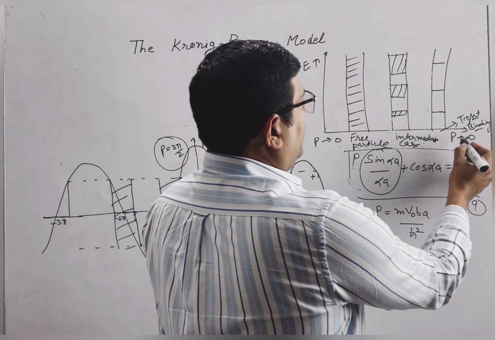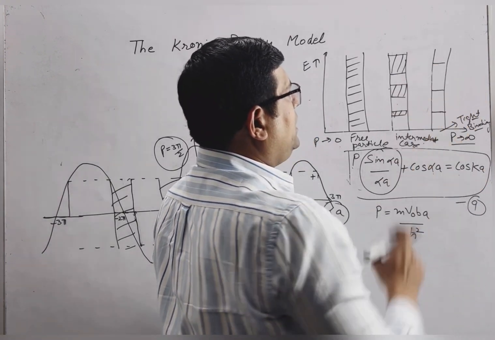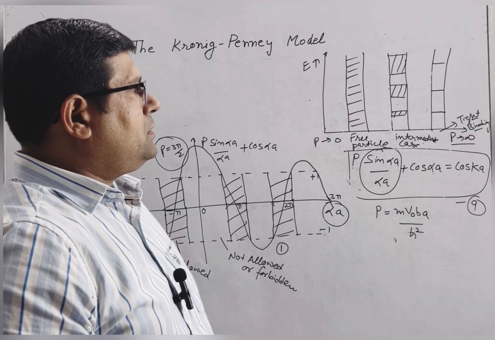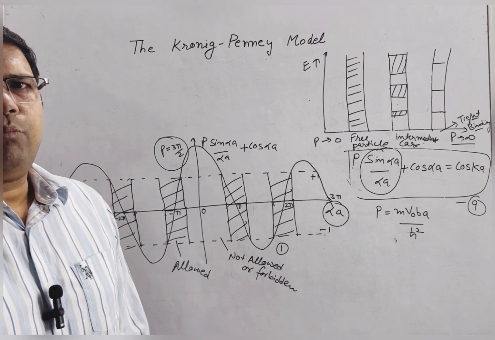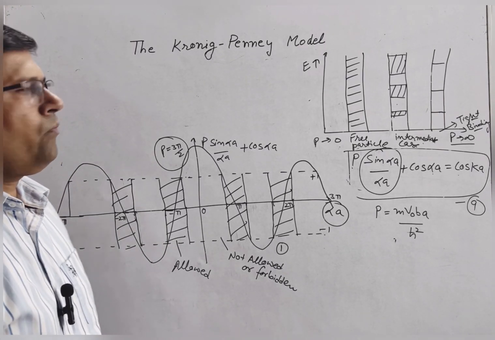And when P approaches infinity, then discrete energy levels are there. The electron is tightly bound to the potential well. So this was all about Kronig Penney model. Thank you.